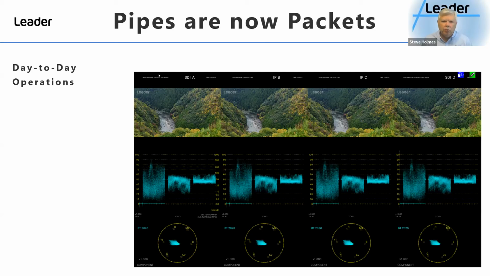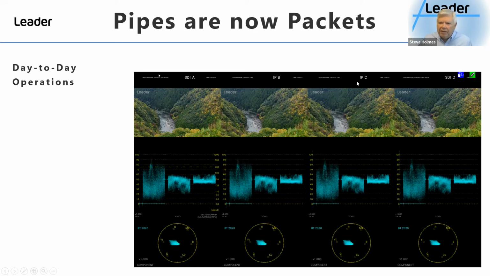Exactly, and that's one of the statements I was making for operational monitoring. We still need to look at pictures. We still need to look at waveforms. We still need to look at vectors and be able to see those. And in this case, you can actually see where the video has come in here on my SDI, has gone through a gateway, been converted to IP. I can see that data after that gateway to make sure it's exactly the same as what's coming through.